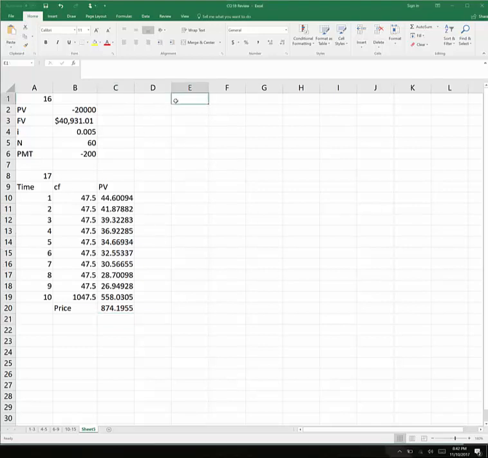We use a very similar setup for 18, the yield to maturity problem. 8 years to maturity, pays interest semi-annually, so we need 16 periods.